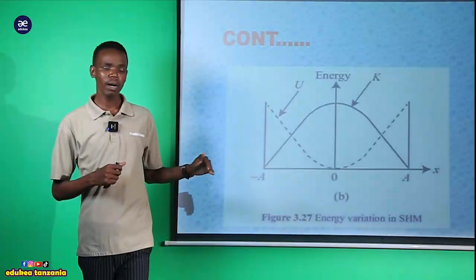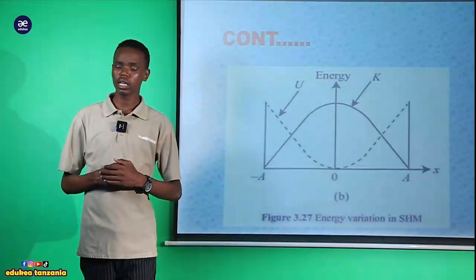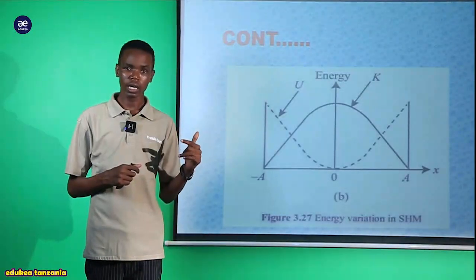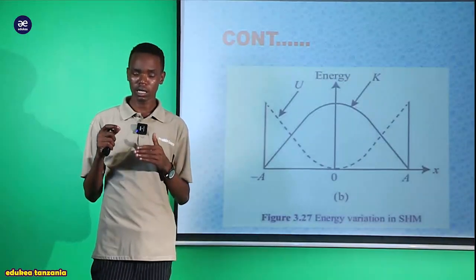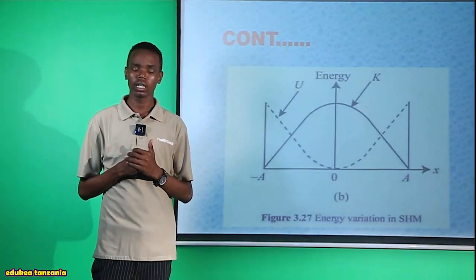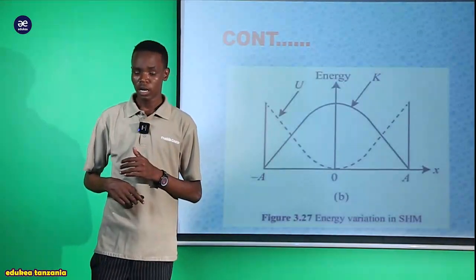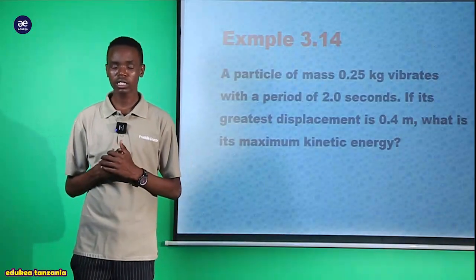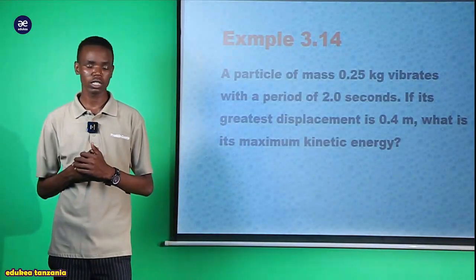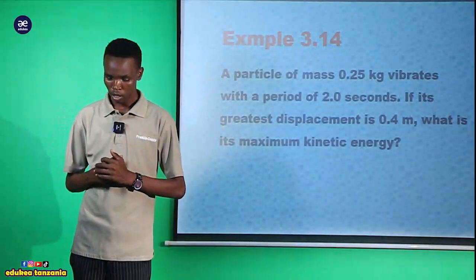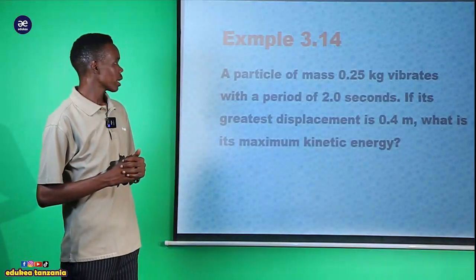So after that, my dear student, after looking at the curve for the energy against time and also the energy against displacement, now let us go and see some examples related to what we have seen here.